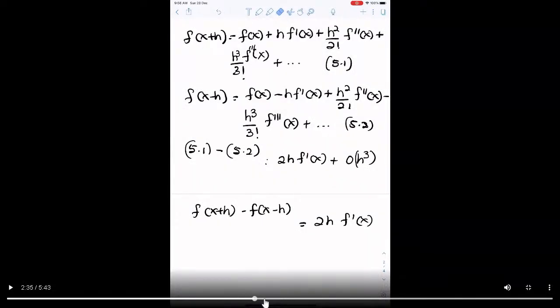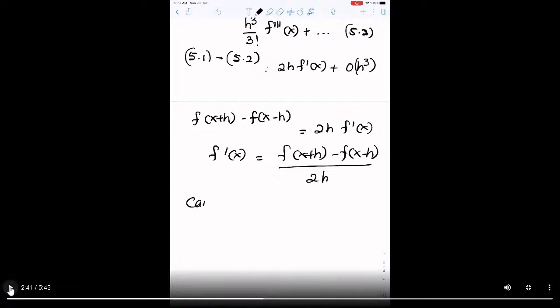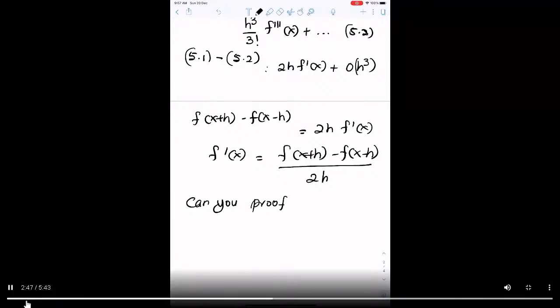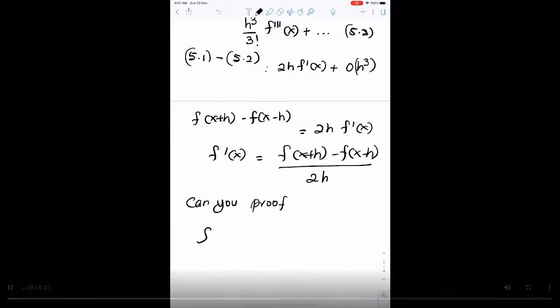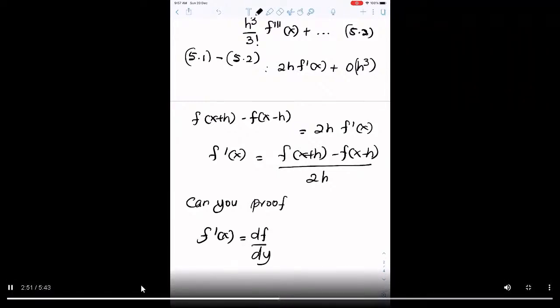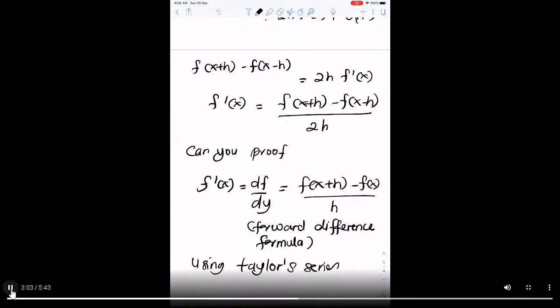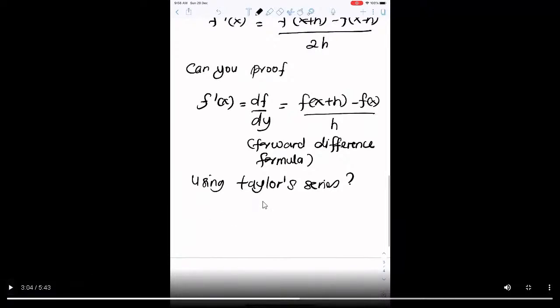What is the question? The question is, can you prove f'(x) equal to df over dx equal to f(x + h) minus f(x) divided by h? We call this one the forward difference formula using Taylor series.